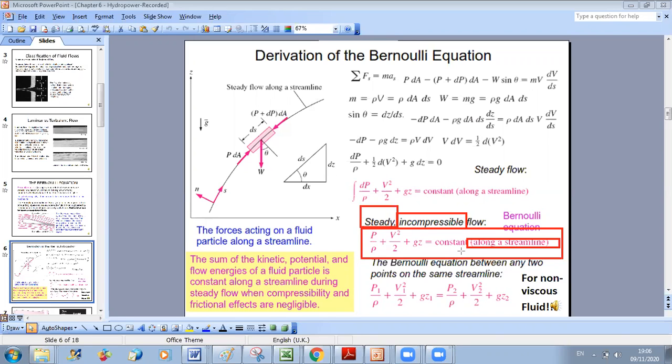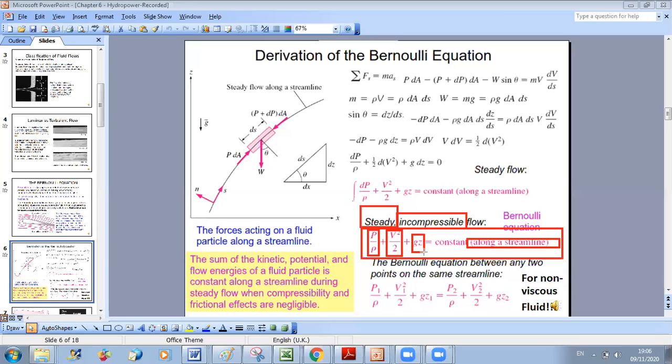And what does this mean physically? Physically, P over rho is related to the energy of the flow, my flow energy. V squared over 2 is related to the kinetic energy of my flow, and gz is related to the potential energy of my flow.